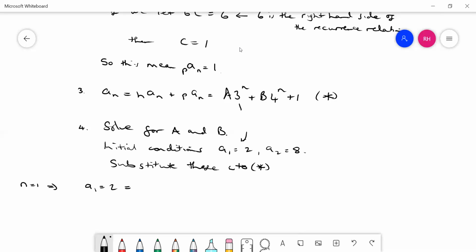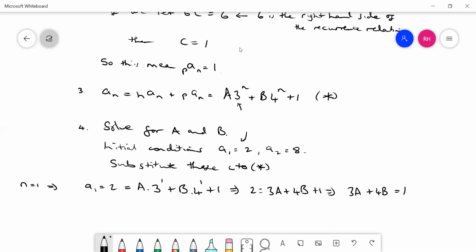But now we can substitute it into this: A times 3 to the 1 plus B times 4 to the 1 plus 1. So therefore, 2 equals 3A plus 4B plus 1, and therefore 3A plus 4B equals 1. And then now let's do n equals 2.